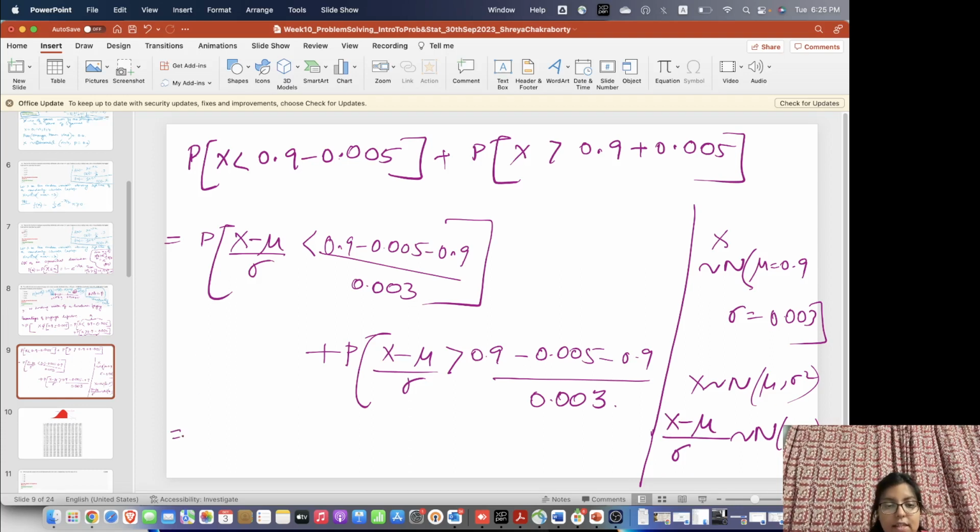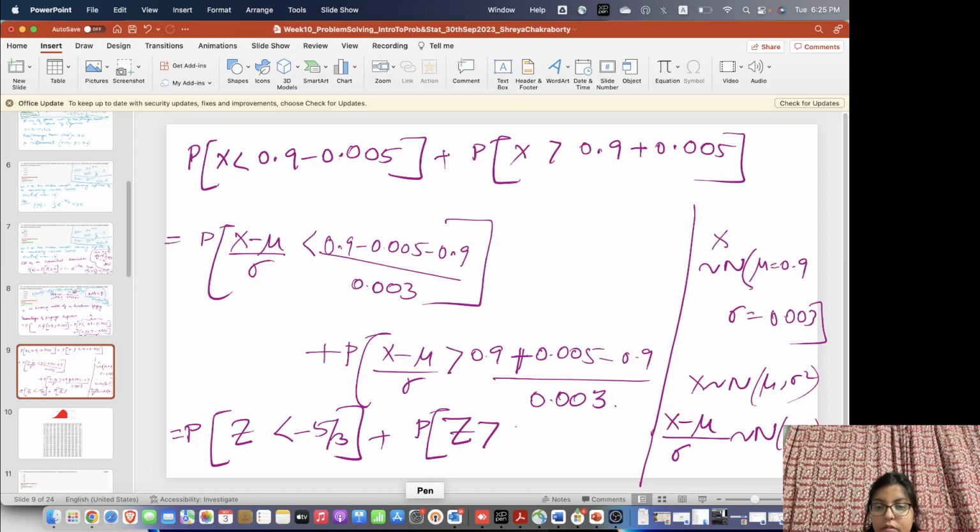Now this we can write as the probability Z less than minus 0.005 by 0.003, that would be minus 5 by 3, plus the probability Z greater than 0.005 by 0.003, that is 5 by 3.